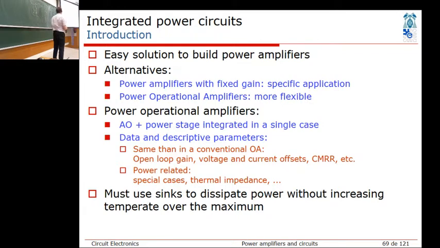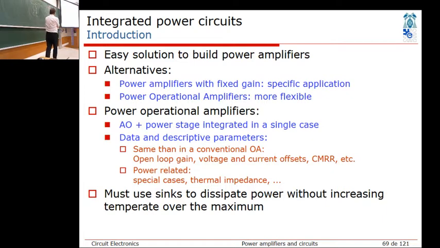Two alternatives. Power amplifier with fixed gain, which is specific for the application. Or, I think in the laboratories you are using that approach, you have a power operational amplifier. That's just a power operational amplifier, which works as an ordinary amplifier, integrated with high power output stages.